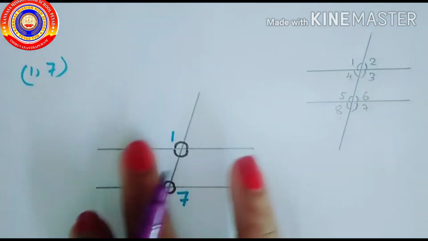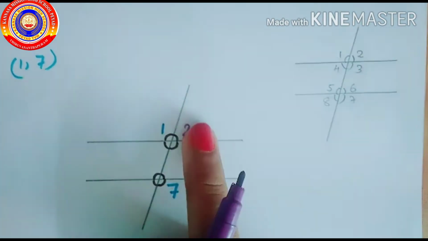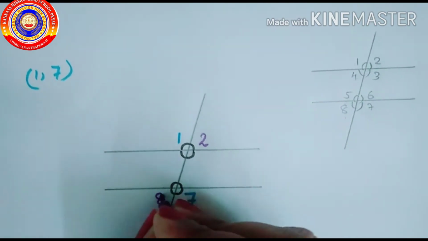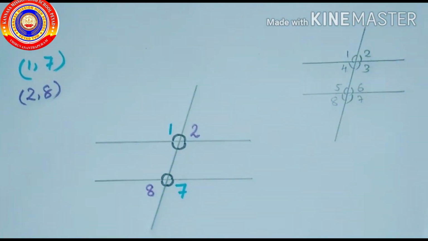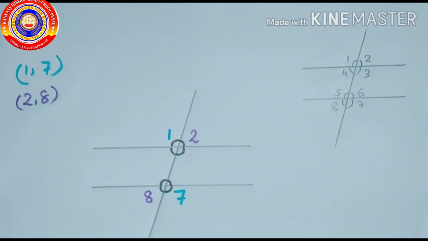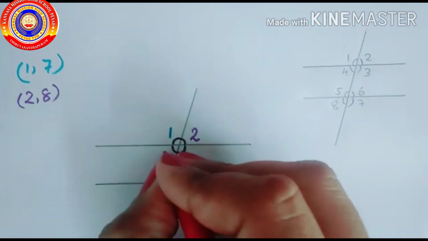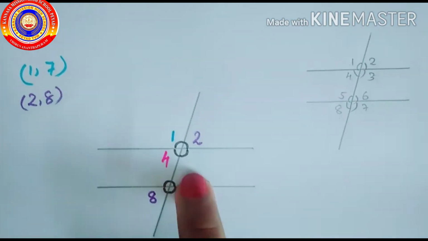The second pair of alternate angles is number 2. It is above the parallel line and right of the slanted line. And opposite to angle number 2 is 8. The position of angle number 8 is below the parallel line and left of the slanted line, just opposite to number 2. And the next pair is number 4. Opposite to 4 is number 6.